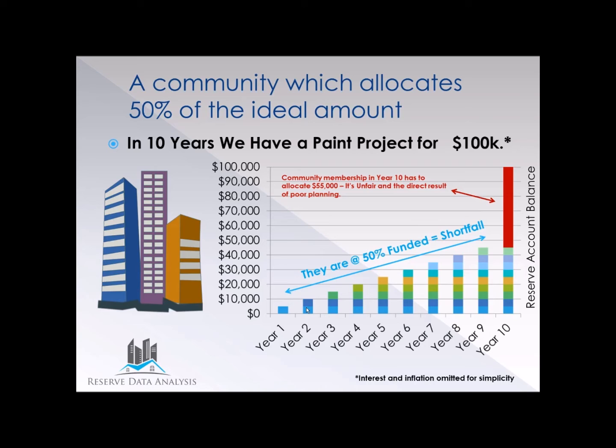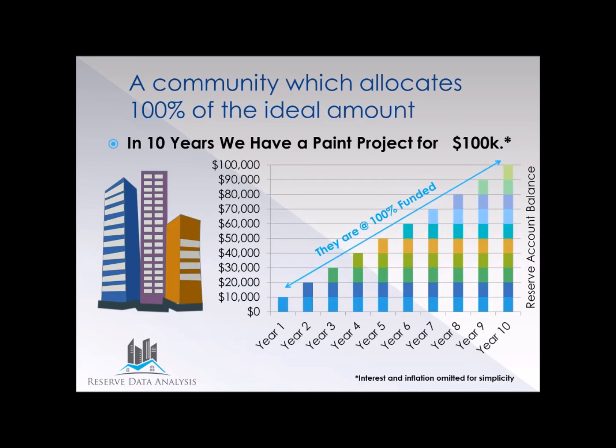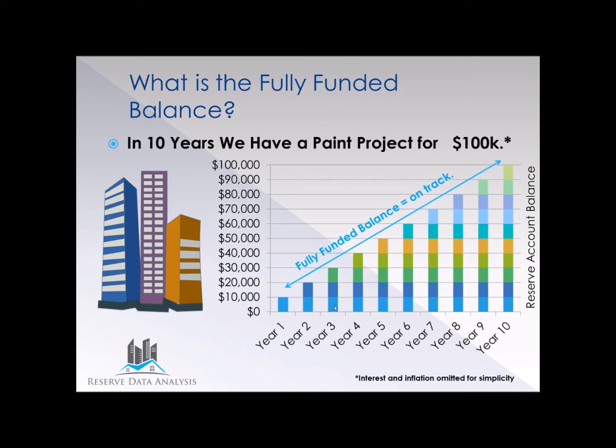Next question, what is the fully funded balance? Okay, so we kind of touched base on that just a minute ago. The fully funded balance is just an ideal amount in the reserve account at a particular point in time. So the fully funded balance changes every year. In this scenario, we just have one component. In a real life scenario, we have many, many components, sometimes hundreds of components, all with different useful lives and remaining useful lives.